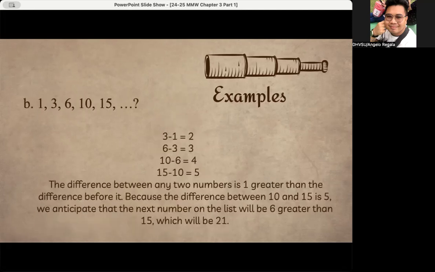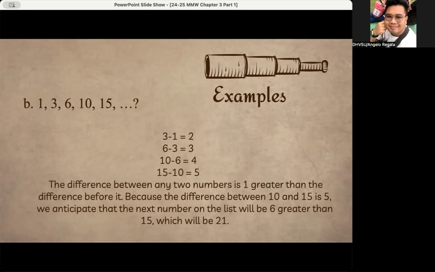Now for the next one, by subtraction, no? 3 minus 1 is 2, 6 minus 3 is 3, 10 minus 6 is 4, 15 minus 10 is 5. So kung makikita mo, yung difference nila is adding 1. Okay? So sa tingin natin, based on this inductive, ang susunod na difference is 6.